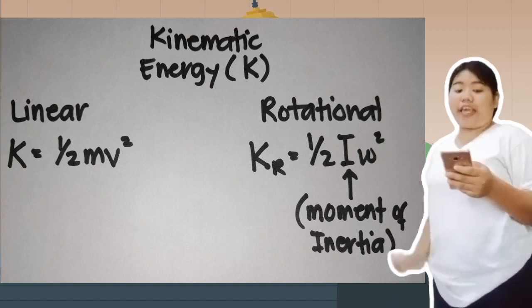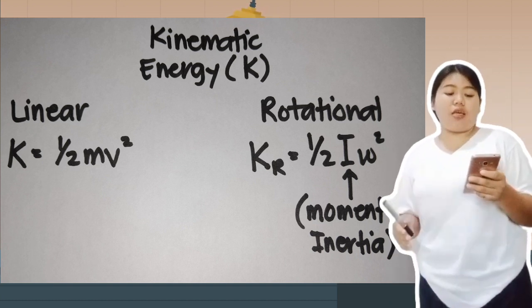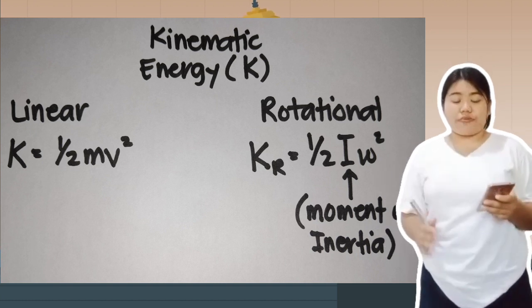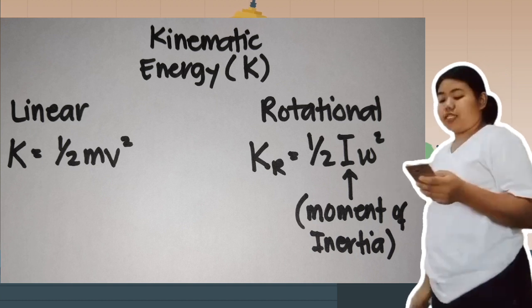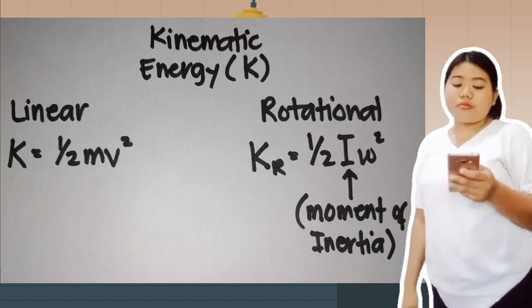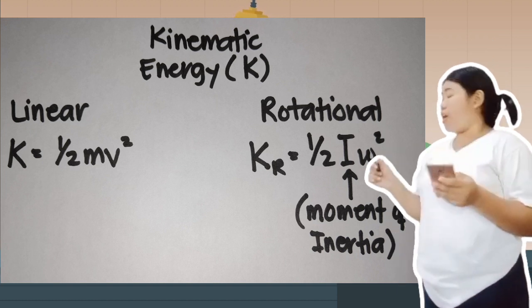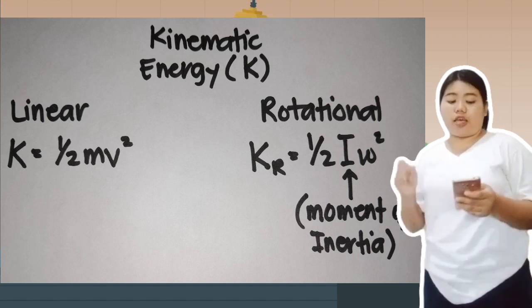So in the linear case, objects have mass, and if they're moving at speed v, then they have kinetic energy. In the rotational case, objects have moments of inertia, and if they are rotating at omega, then they have rotational kinetic energy.